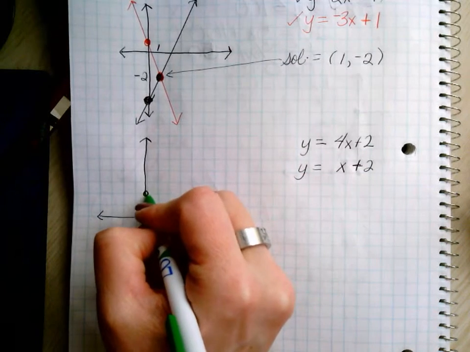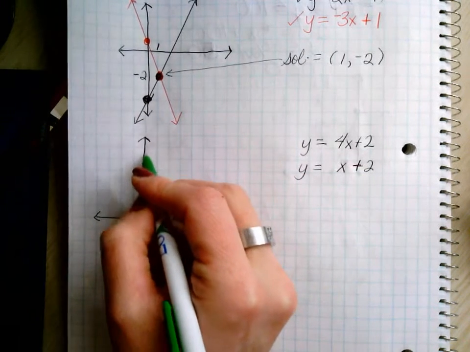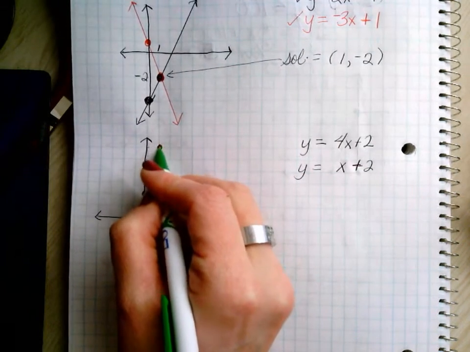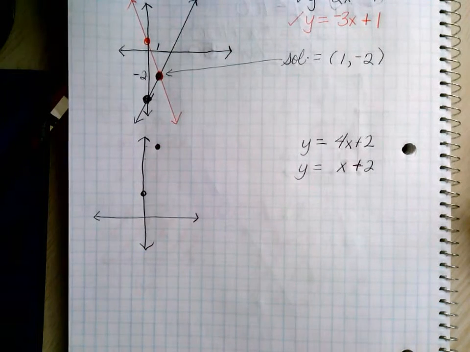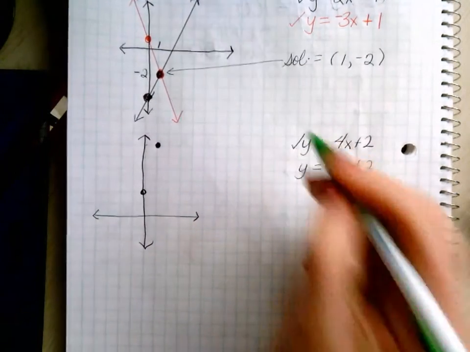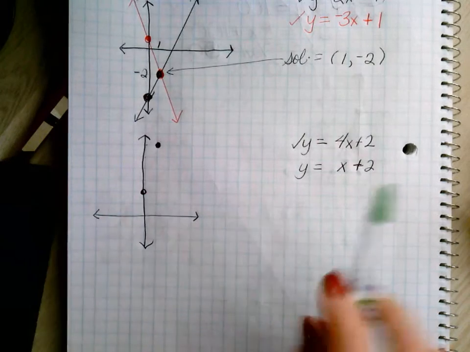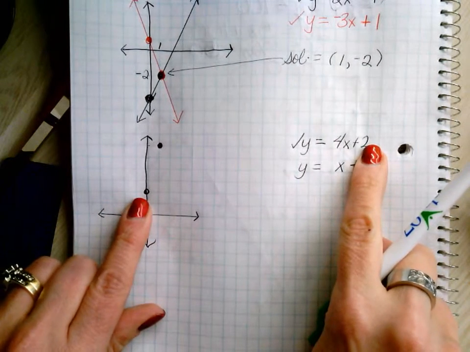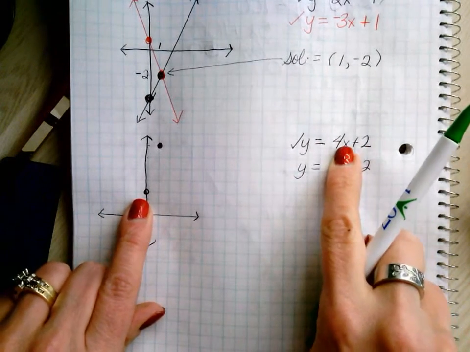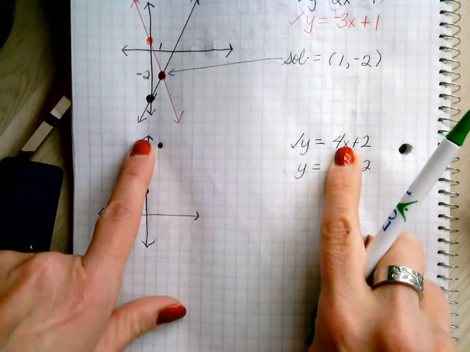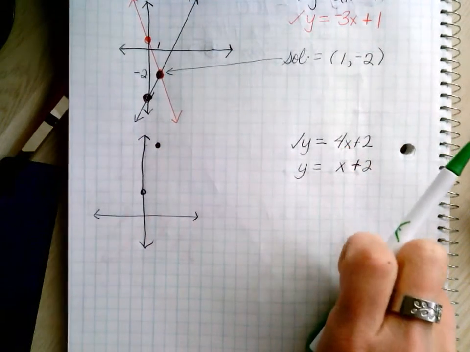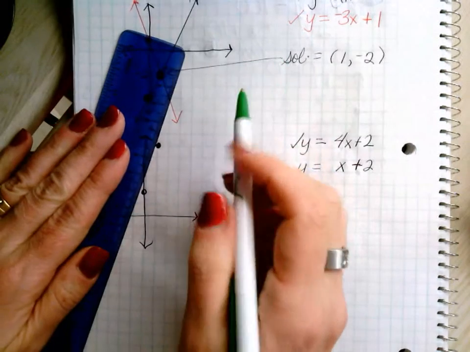And the slope is up 4 over 1. That is the line for the first equation. Y-intercept is 2. Slope is 4, which means up 4, right 1. There's your line.